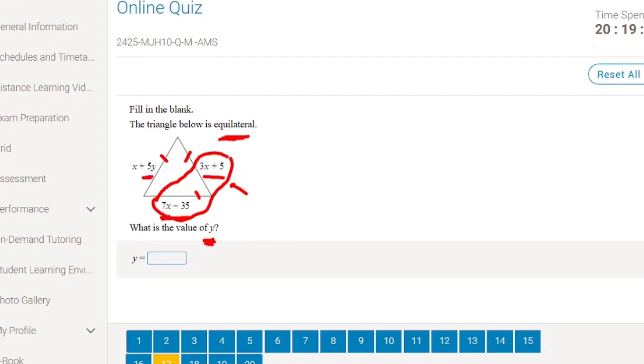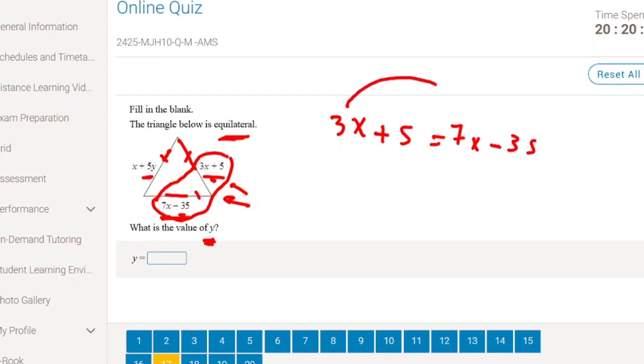Now, because this triangle is equilateral, this side and this side and this side are equal. Here I have one variable, which is x, and here I have one variable. So I will take these two equations together to get x. So 3x plus 5 will be equal to 7x minus 35. Let's move this one here and bring this one here.